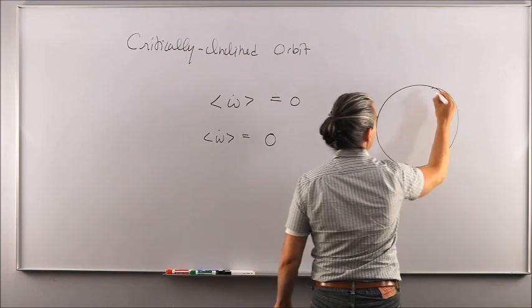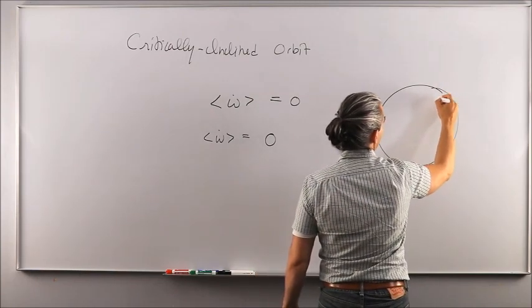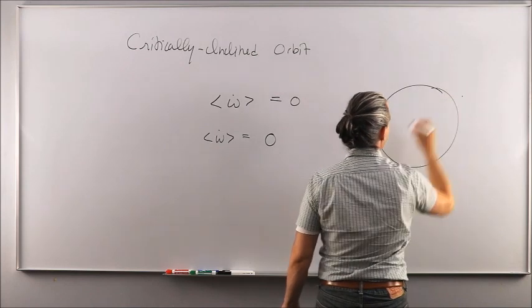So this is the Earth, and say Russia's latitude would be here, so perigee could be here.